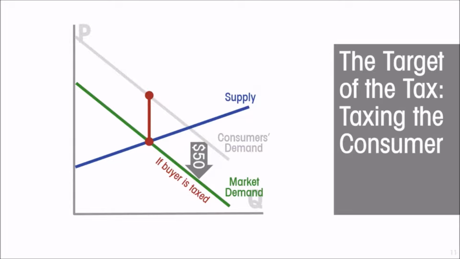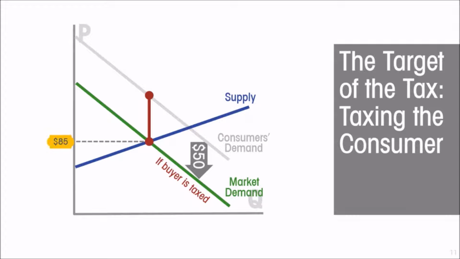So we show this by shifting the market demand curve downwards by $50. In that scenario, the new market demand curve and the existing supply curve cross at $85.